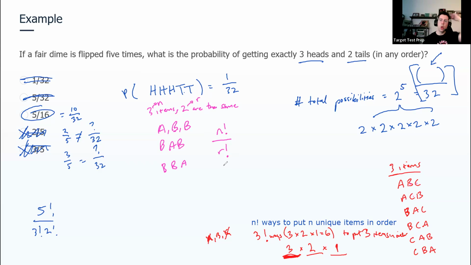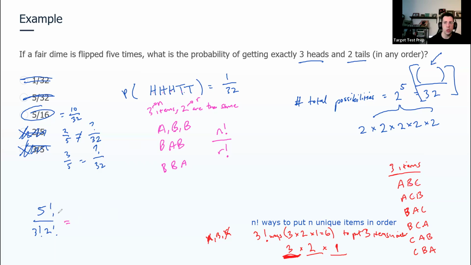So going back to HHHTT, if I want to know how many different orders I could get 3 heads and 2 tails, like HTHTT or whatever it was, the shortcut here, which Urban already knows, is there are 5 total letters, but 3 of them are the same, the 3 H's, and also the 2 tails are the same.